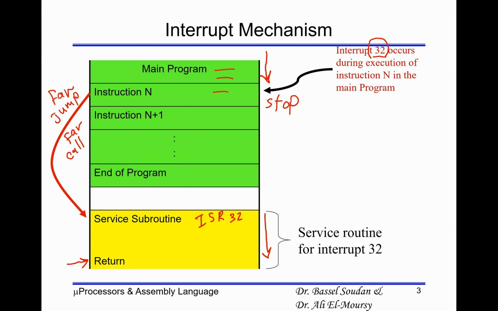So this is the service routine for interrupt 32. After it finishes, where will it jump back? To the next instruction in my main program.